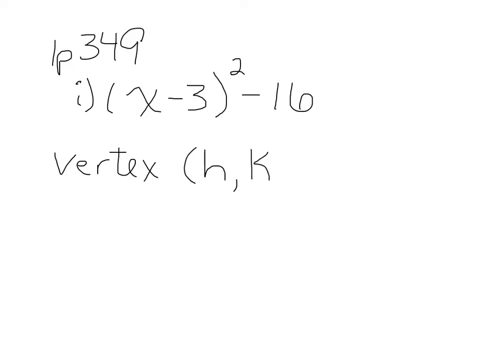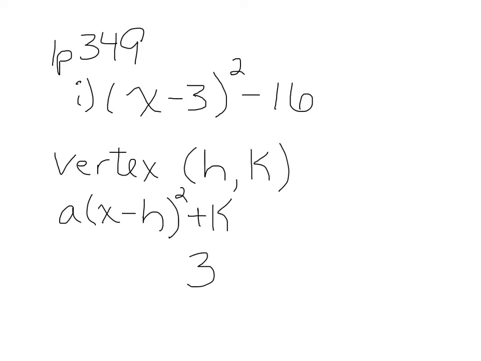The vertex form of the equation is a(x minus h) squared plus k. So the opposite sign of that, so it's a positive 3. The same sign as k, so it's a negative 16. So my vertex is 3 comma negative 16.